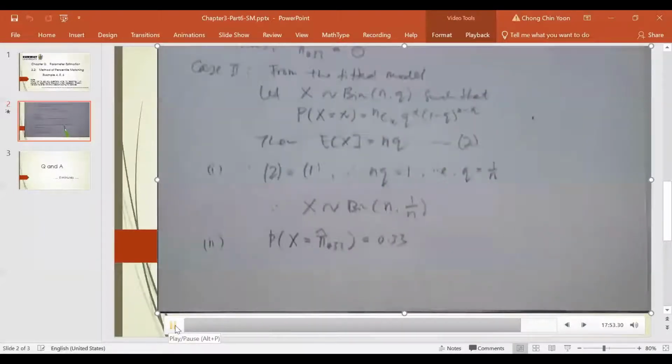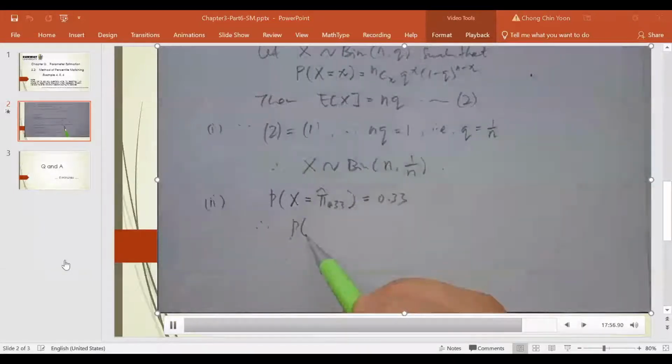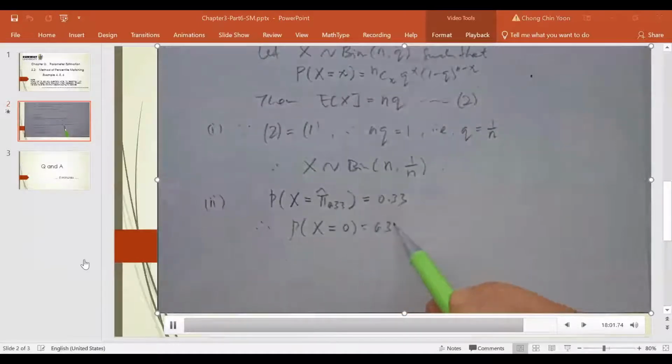So here, class, this statement is important. I translate part 2 of the question into mathematical language. This statement you have to understand, otherwise you cannot solve the problem. So we will have the probability of X at 0 is 0.33.